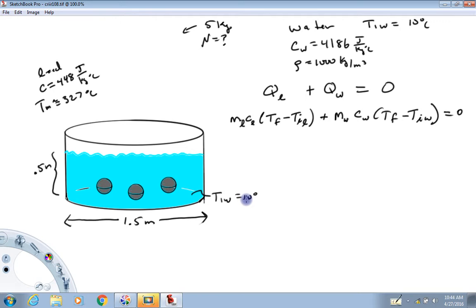So I think I'll just do this off to the side. We can get this from density. Density is equal to mass over volume, so mass can be written density times volume. And the density of water is about 1,000 kilograms per cubic meter.